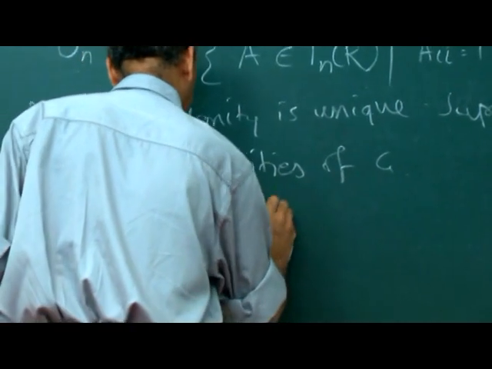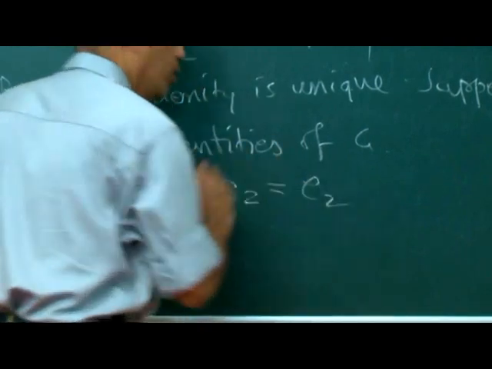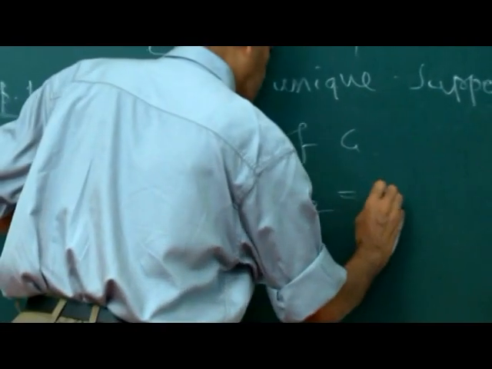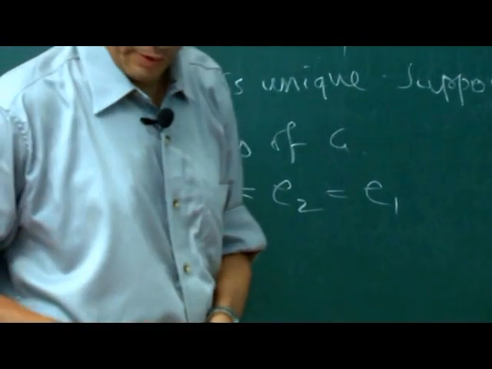Now, e1 times e2: since e1 is an identity, it is equal to e2. But e2 is also an identity, so it must be equal to e1 also. So there is exactly one identity.